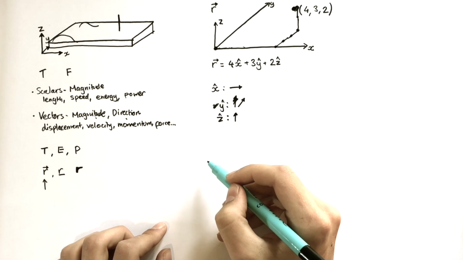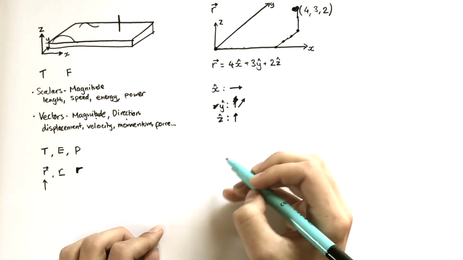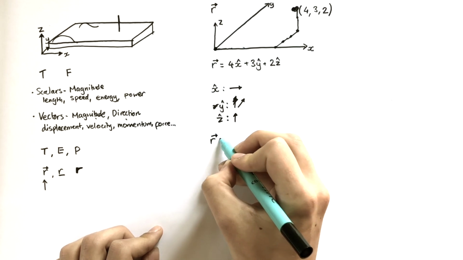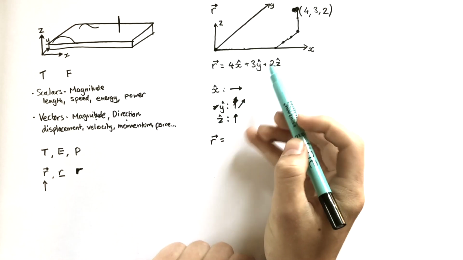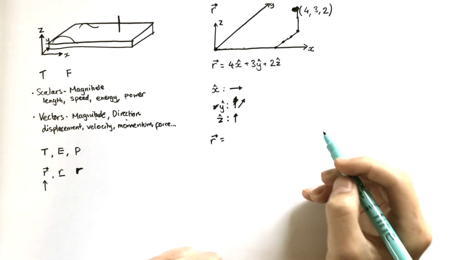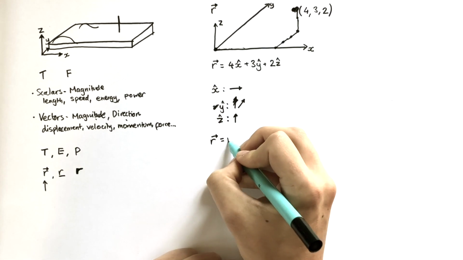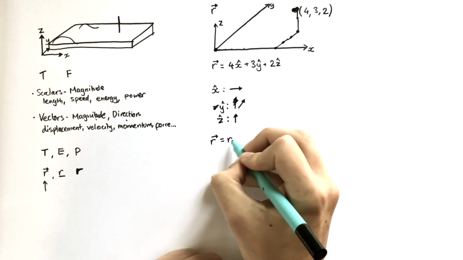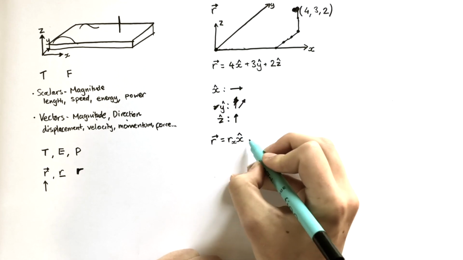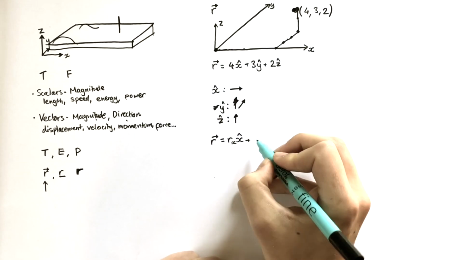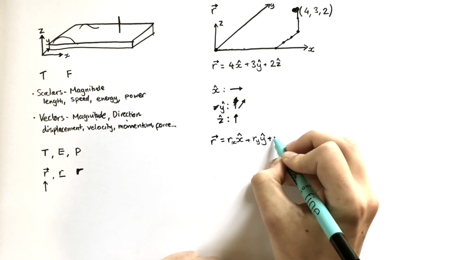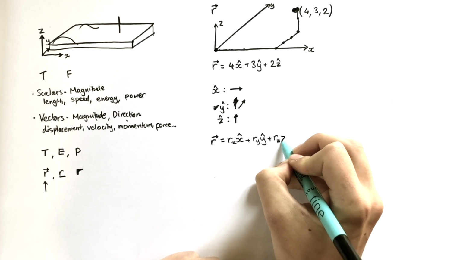So how exactly do we handle vectors? Well, as I said, the vector can be broken down into 3 different coordinates. In the last example, I used 4 x hat, 3 y hat, and 2 z hat. But more generally, we can say that it's some certain value in the x hat direction plus a certain value in the y hat direction plus a certain value in the z hat direction.